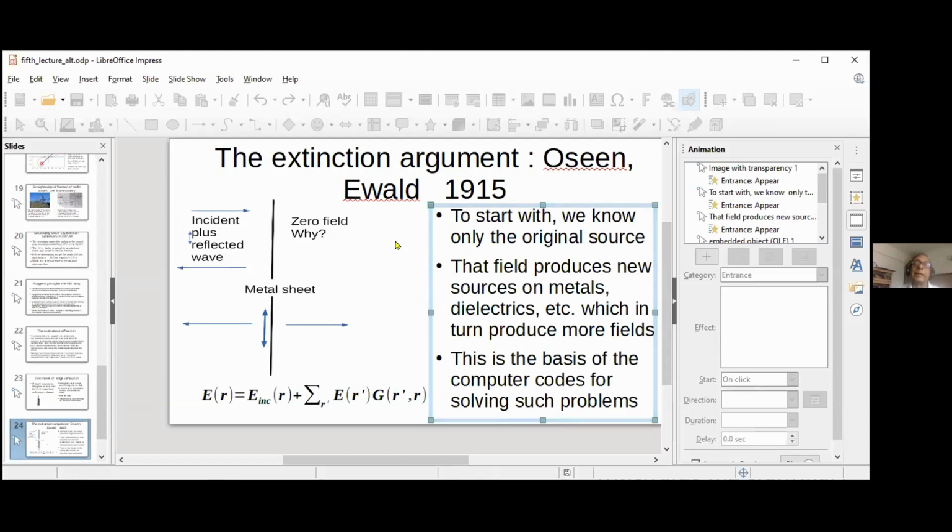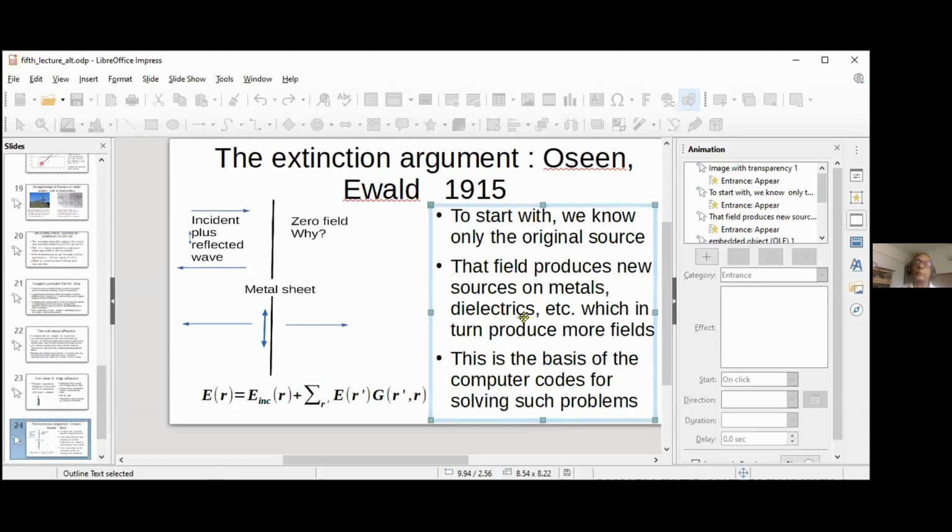Now, why would you want to calculate diffraction by an aeroplane? Because in a military application, you send an electromagnetic wave from a radar set, it hits the aeroplane, and then some field comes back to you. So you would like to solve that problem, and not even Sommerfeld is going to solve that problem for you. You need a computer code. And the way that computer code would work is assume some reasonable distribution of sources.